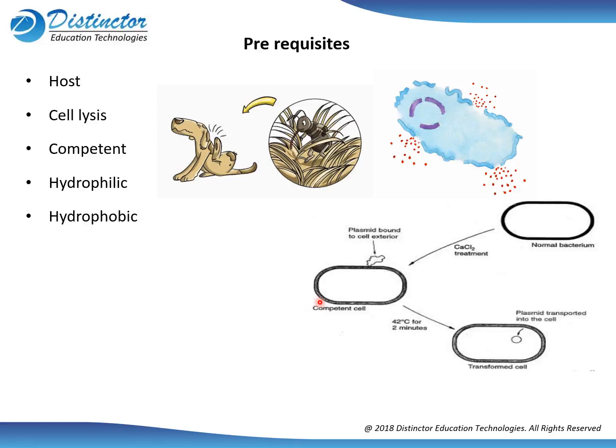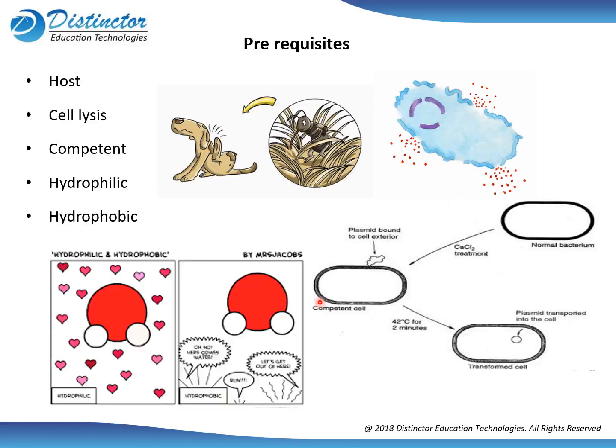The next one is hydrophilic and hydrophobic. So what do hydrophilic and hydrophobic mean? Hydro means water, philic means loving. When a particular molecule accepts water, easily merges with water, or loves the water molecules, it is called hydrophilic. Whereas hydrophobic, phobic means fear.